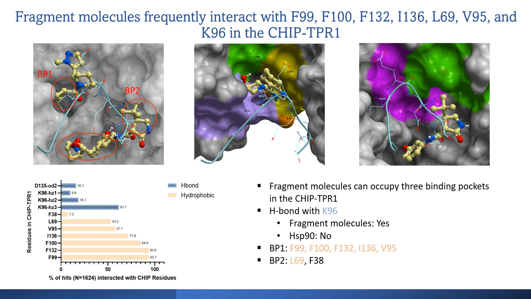Among the listed residues, F99, F100, F132, I136, L69, and V95 play important roles in forming hydrophobic interactions with the fragment molecules, and the hydrophobic interaction is the main driving force that facilitates drug receptor interaction.